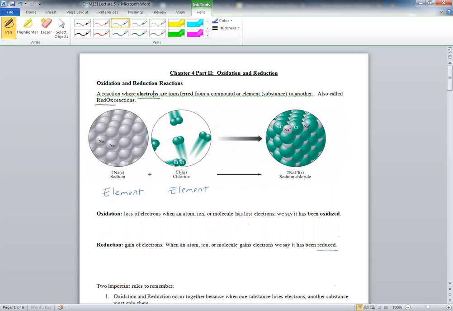But before we go there, notice how sodium is in the elemental form. These are sodium atoms packed together as a metal, and this is chlorine, a diatomic element, remember. And what happens is that via oxidation reduction, they produce table salt.